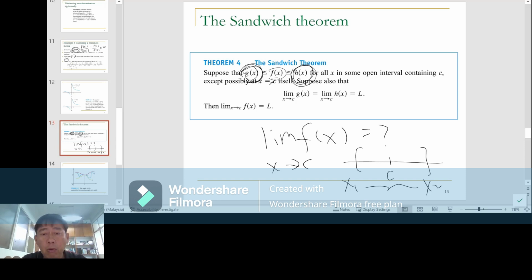And furthermore, if you also know the limits of g and h at the point c, then the sandwich theorem says the limit of f at the point c is simply equal to the limit of g and the limit of h. Here we assume that the limits of g and h are the same.